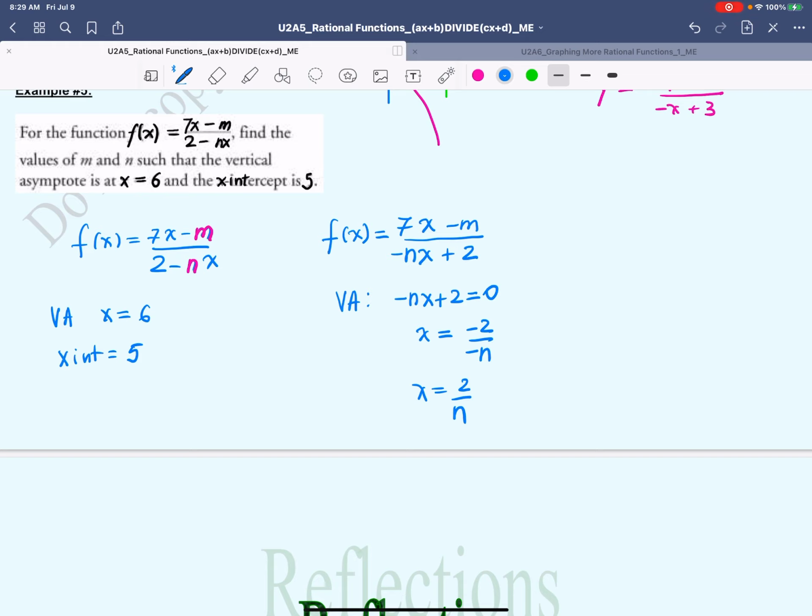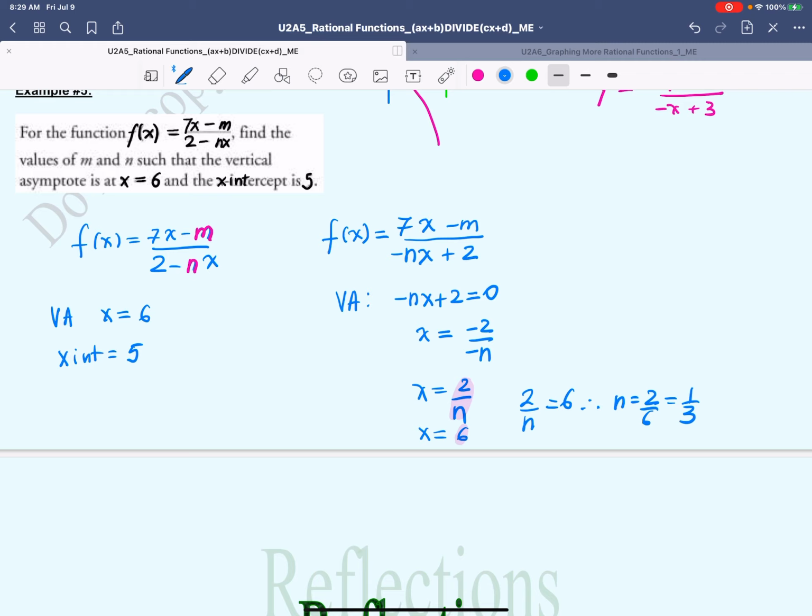Now, since the vertical asymptote is at 6, that means that 2 over n must be 6, right? Because the vertical asymptote is 6, which means that these two things will be equal. So by equating 2 over n to 6, we're going to get n equal to 2 over 6 or 1 over 3.